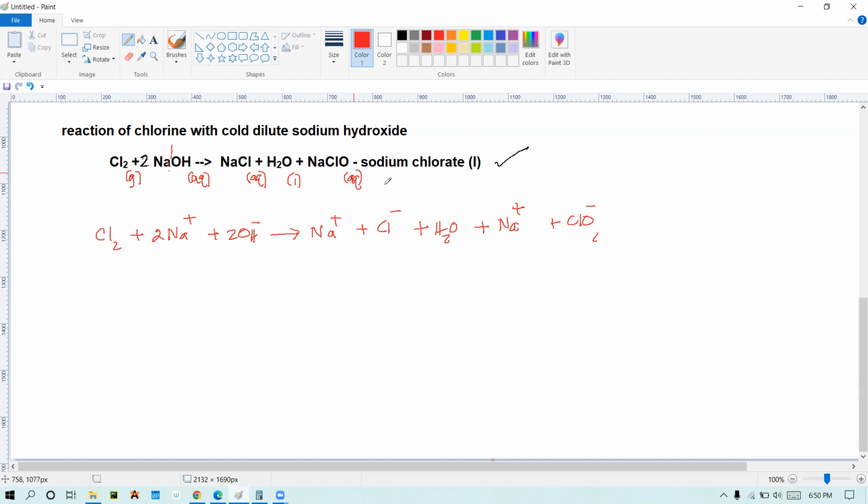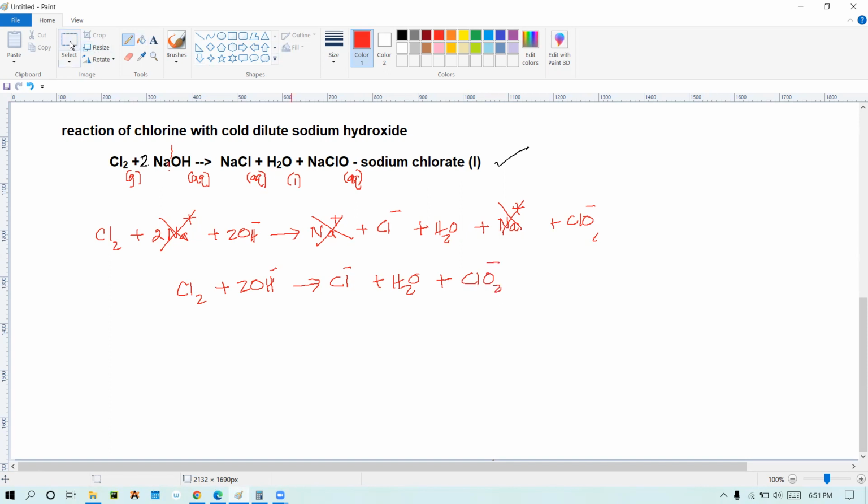Now we'll see equal terms on either side. On the left-hand side, I have 2 Na plus. On the right-hand side also, I have 2 Na plus. Cancel them out. And that's all. Your equation is going to be Cl2 plus 2 OH minus, giving Cl minus plus H2O plus ClO minus.